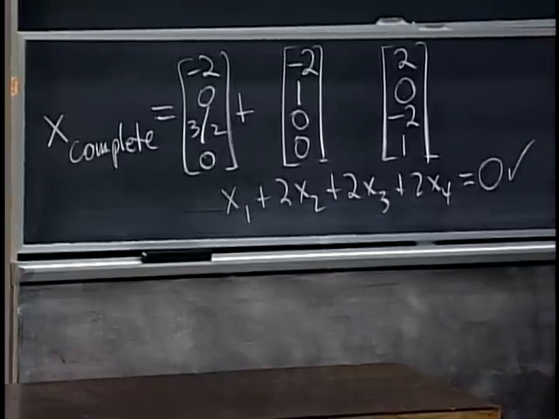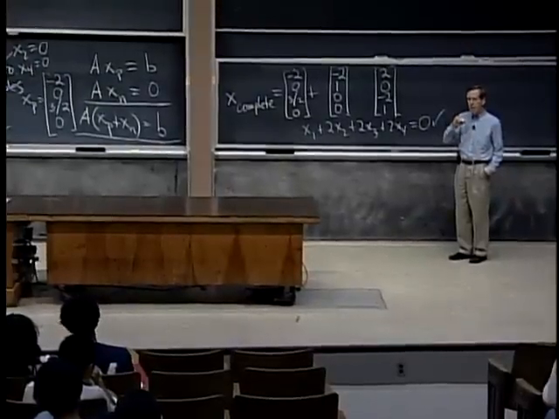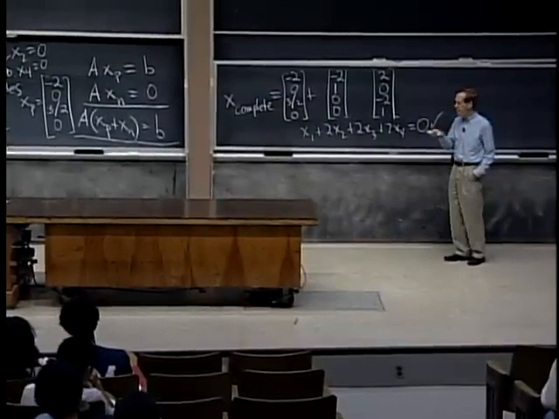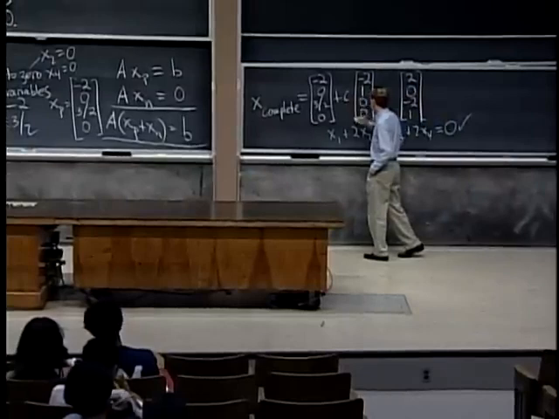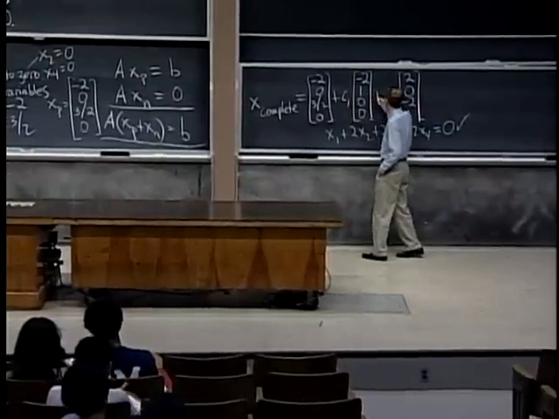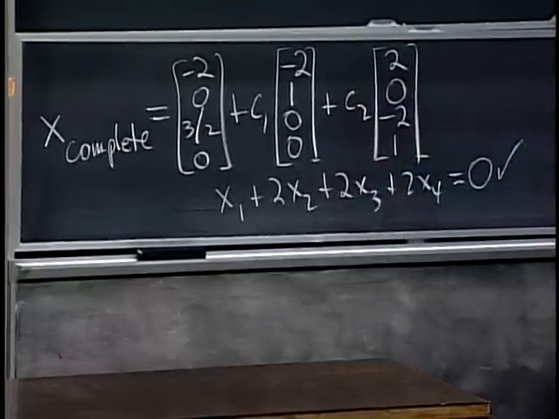What do we do to get the complete solution? How do I get the complete solution now? I multiply this by anything, c1, say, and I multiply this by anything. I take any combination. You remember that's how we describe the null space?